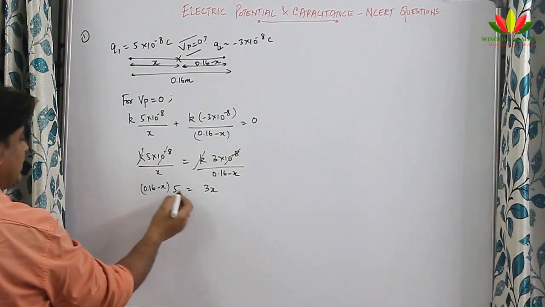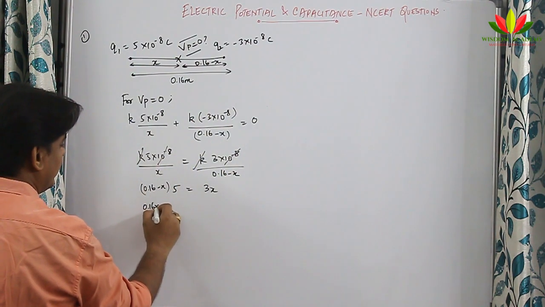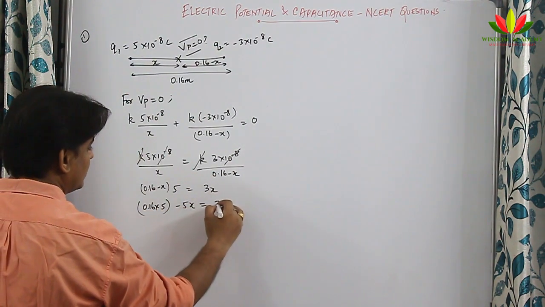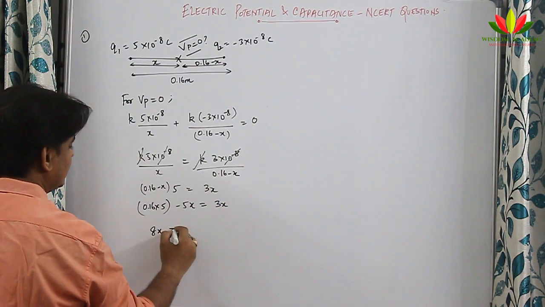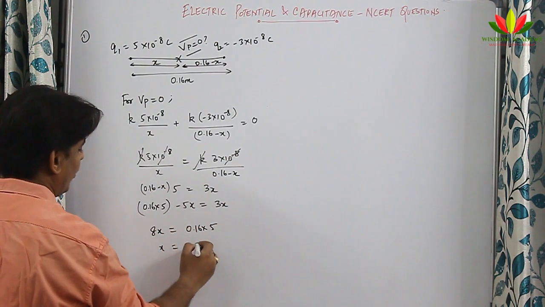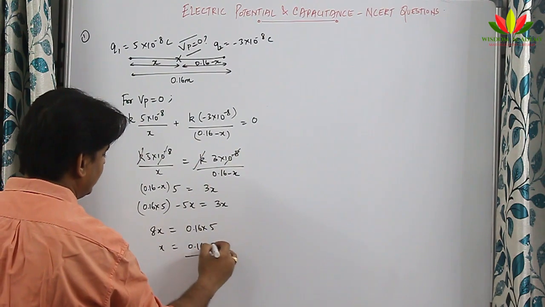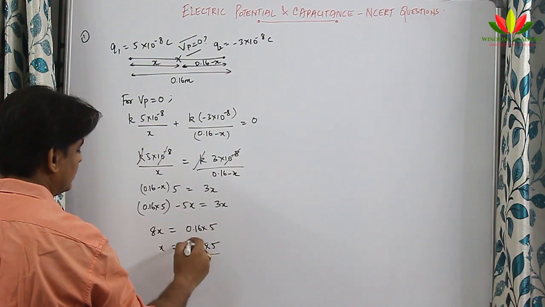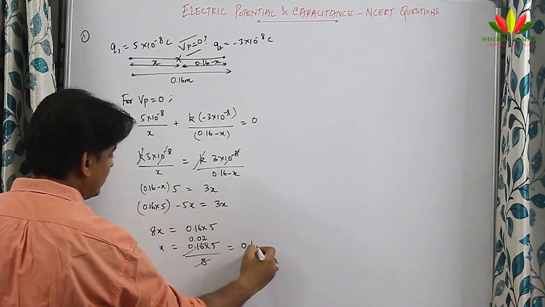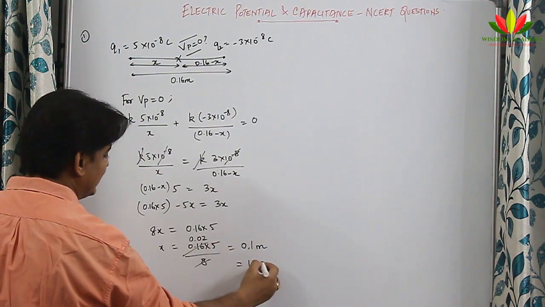So when I solve this, I will get 0.16 into 5 minus 5x is equal to 3x. So 8x is equal to 0.16 into 5 and x will be equal to 0.16 into 5 by 8. So that is equal to 0.1 meter, that is equal to 10 centimeter.